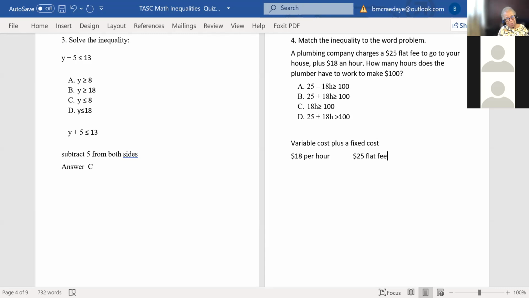And then it's $18 an hour. A flat rate to get to the house plus $18 an hour. How many hours does the plumber have to work to make $100? So Vanessa, you said D, and Maureen? I was saying B.